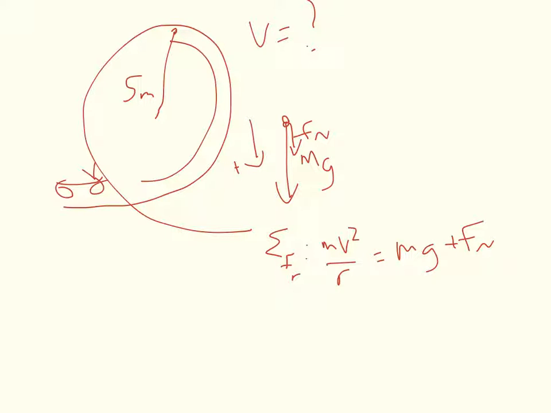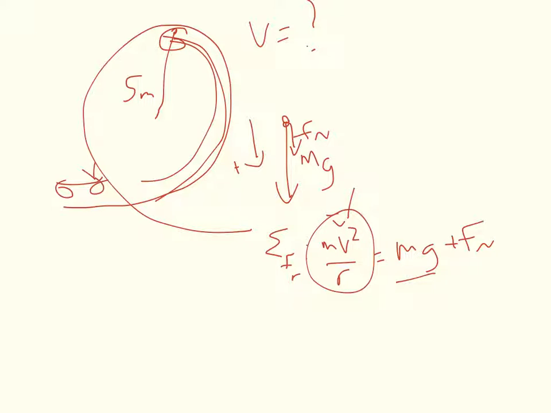In this example, it says, how fast do you have to be going at the top so that you can make it through the loop? Well, let's think about it like this. Your weight is constant in this situation. No matter how fast you're going, the weight doesn't change. However, the centripetal force, mv squared over r, has to increase when your velocity increases.